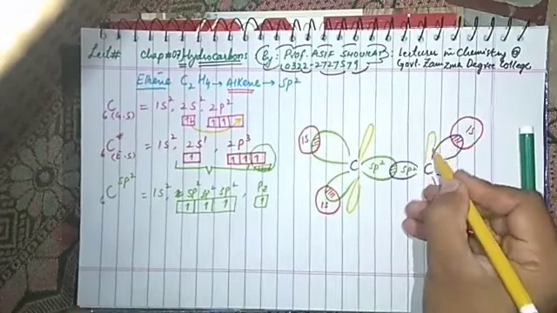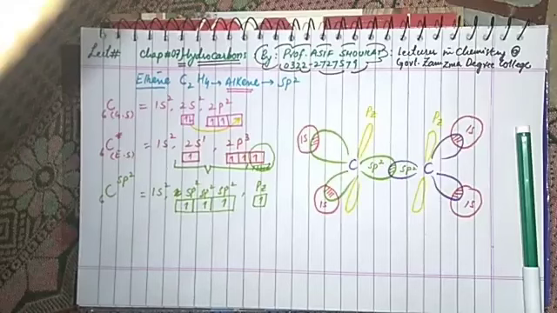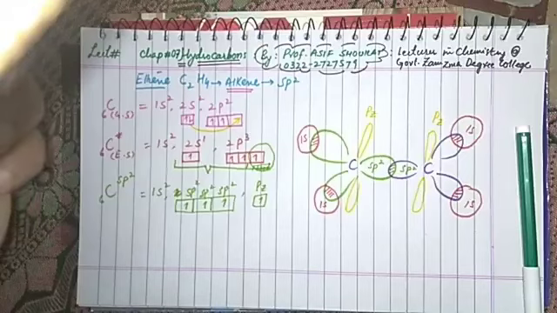It is pz, it is also pz, because pz is unhybrid, which has less energy, which has less space. That's why I have tried to make it less wide than the hybrid one.